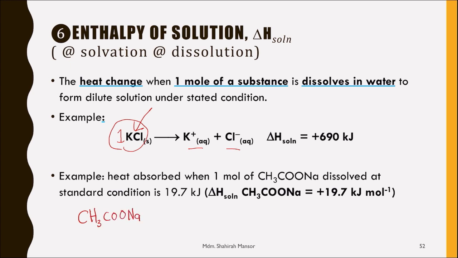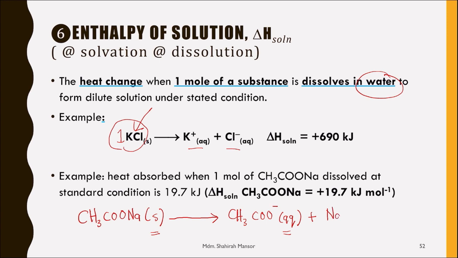When this ionic compound is dissolved in water, the phase must be solid. So when this ionic compound is dissolved in water, you will get CH3COO minus, the ethanoate ion. Water, the phase must be aqueous, and the ions later will be in aqueous.